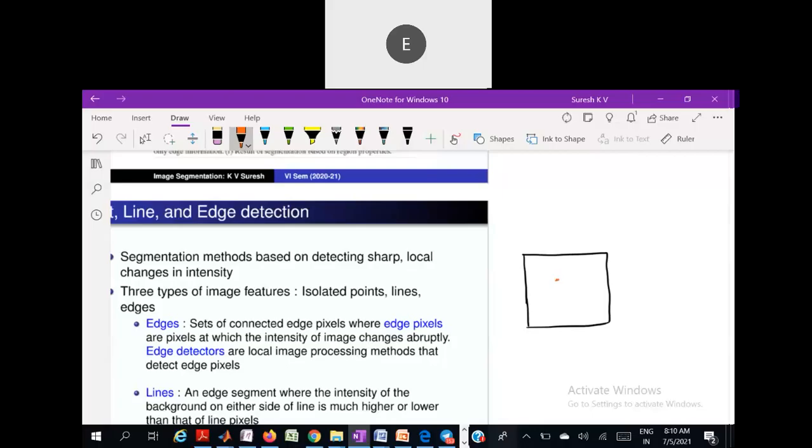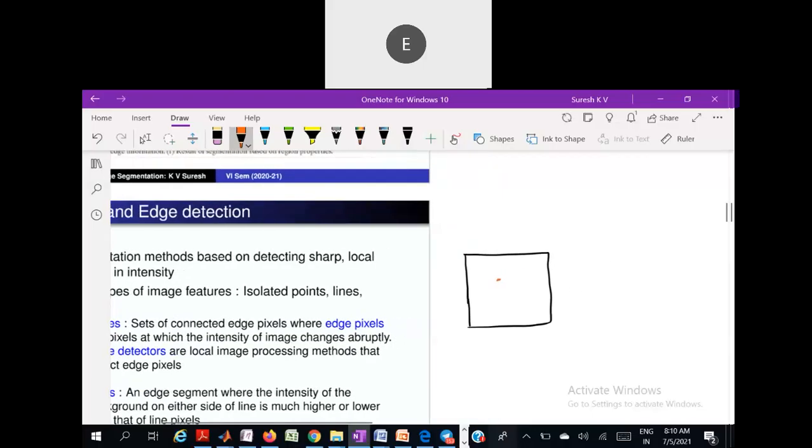The meaning of a point would be something like this. Let me consider an example: 100, 100, and this point I show as white, so I'll make it 255.